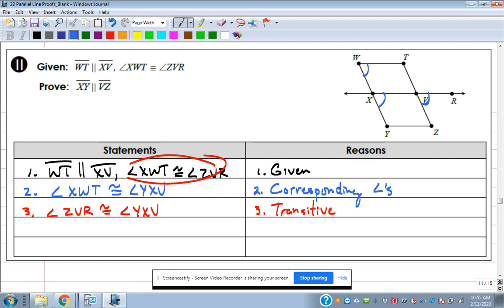What kind of angles are those? They're corresponding angles that are congruent to one another, right? So then our punchline is right there. XY parallel to VZ, corresponding angles converse.